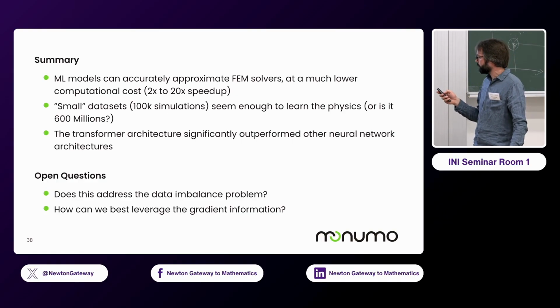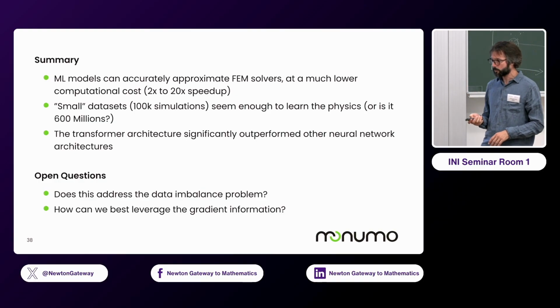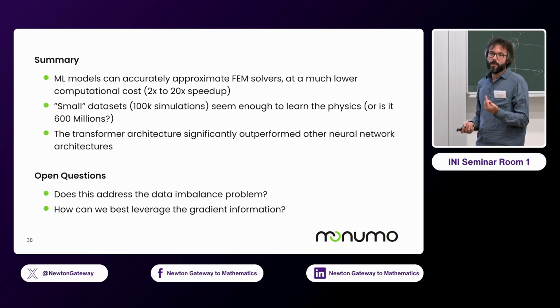Another interesting thing to us was that small data sets are enough to learn the physics. The models I'm showing here have been trained on a bit less than 100,000 simulations, which is not that much. Maybe that's not the right way of looking at the problem, because in a sense the PDE we're discretizing has a meaning at the vertex level.